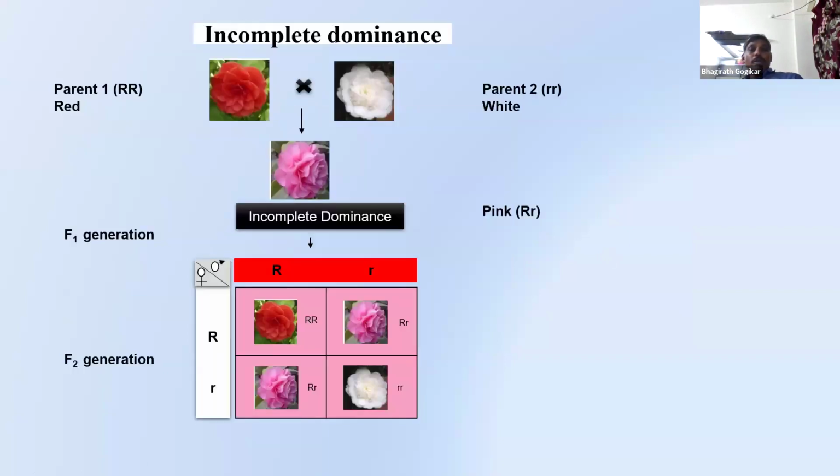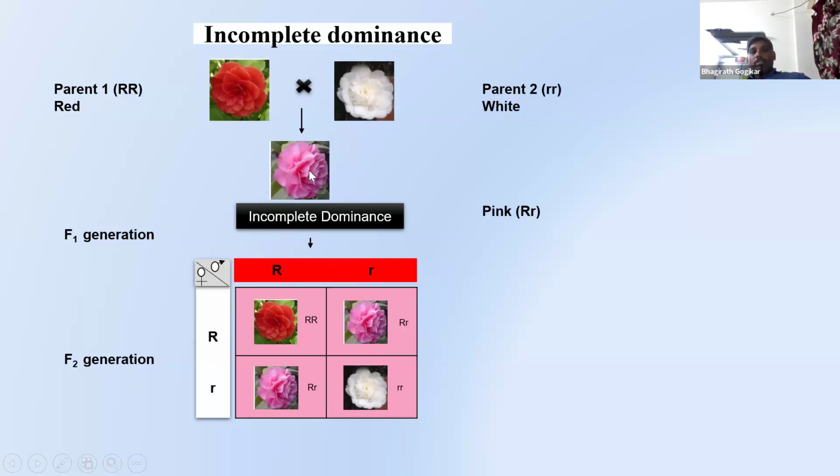Here parents are 2 colors, red and white, but in the F1 generation we are getting purple color.